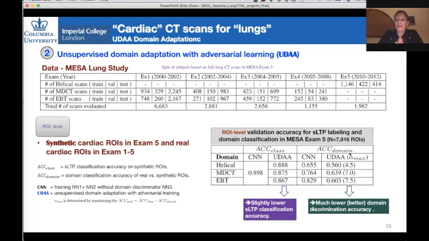On the other hand, regarding the domain adaptation, we can see that the UDA, where again the lower the better, has a much lower and so much better domain discrimination accuracy for what we want to do. Alpha max varies a lot across target domains, and if you were just using the classifier features to do domain discrimination, then it does a much better job, which is against what we wanted to do, which is to use domain invariant features.